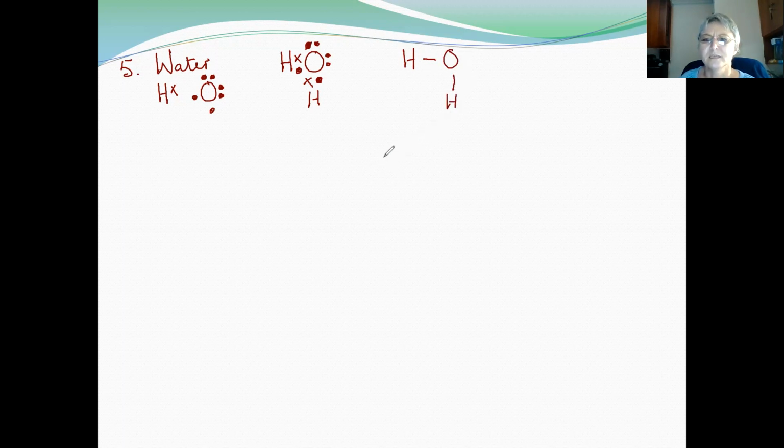What is the nature of the chemical bond? We determine the difference in the electronegativity between the oxygen and the hydrogen. So oxygen's electronegativity is 3.5, and hydrogen's electronegativity is 2.1. So the difference in the electronegativity is 1.4.